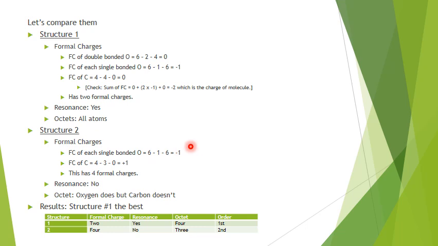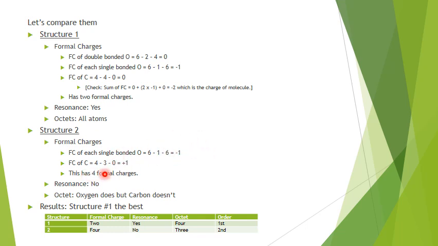So the oxygens have 1 minus 3 times 1 minus, and then the carbon has 4 valence electrons minus 3 dashes and no lone pair, so it has +1. Again, when you add these all up, -1 -1 -1 +1, it'll be -2, which is the charge on the molecule.